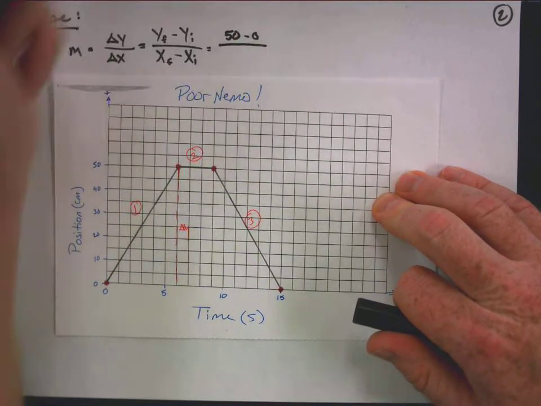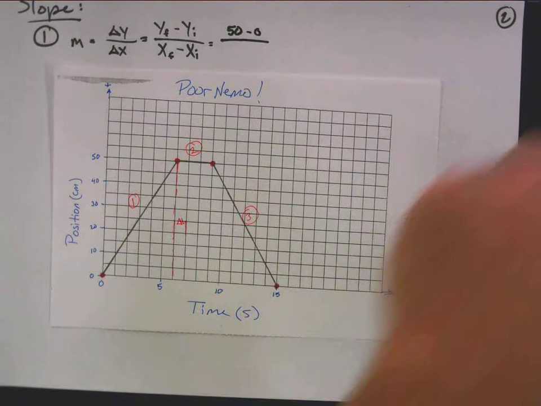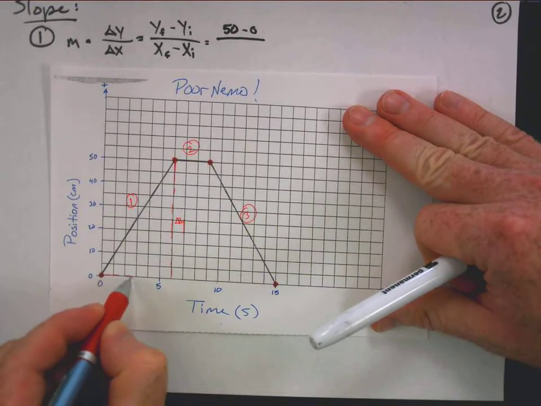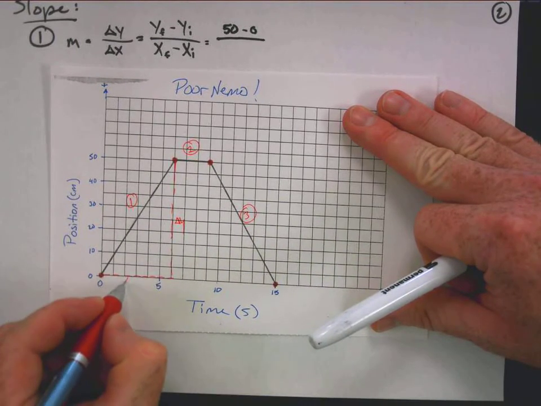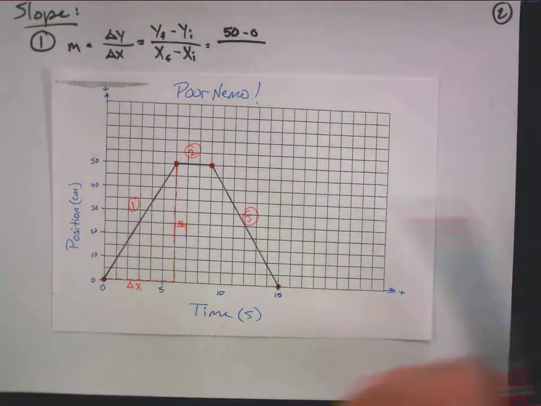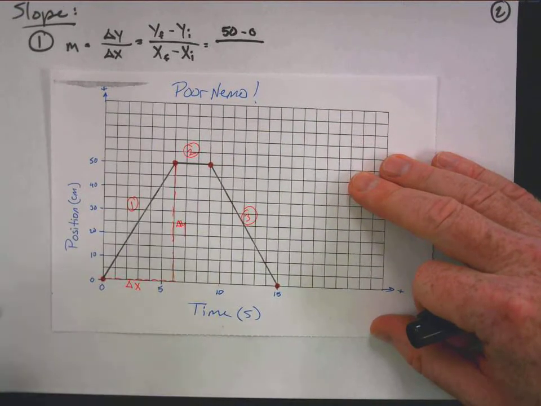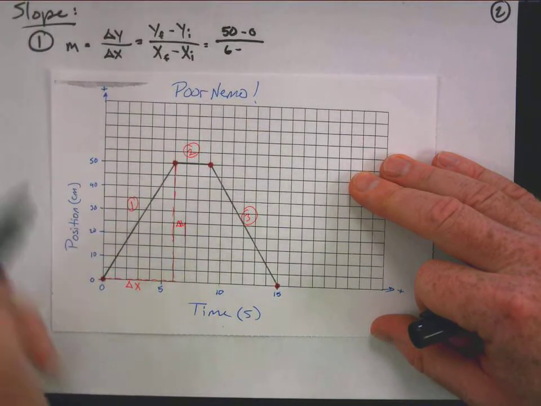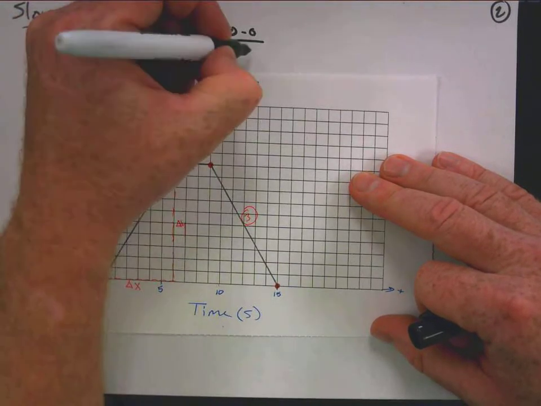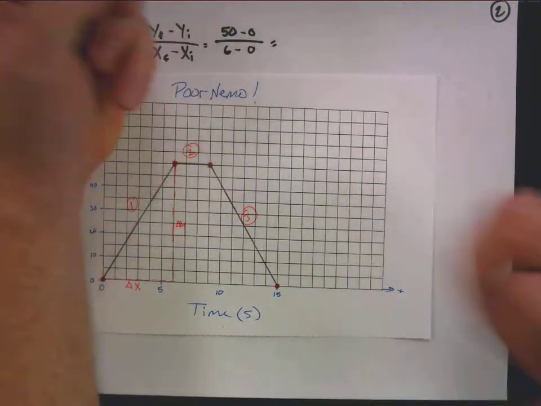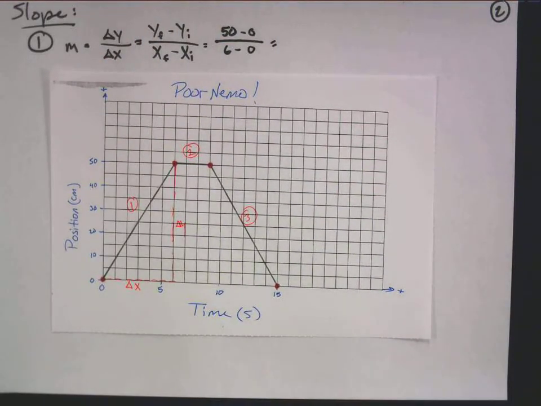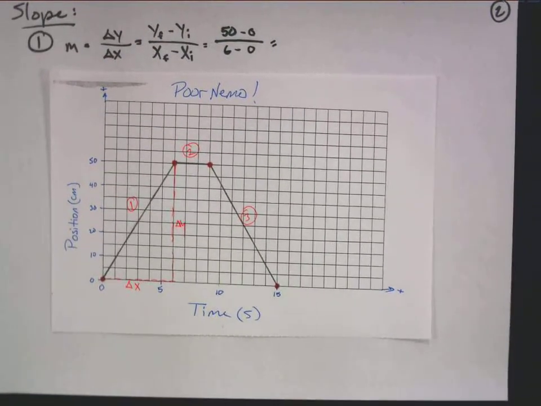Now I'm going to look at my x values. So there is my delta x. What is the final x value? It is 6 for this region. And I'm going to take away the initial x value. That was 0. And so I'm going to have 50 divided by 6.